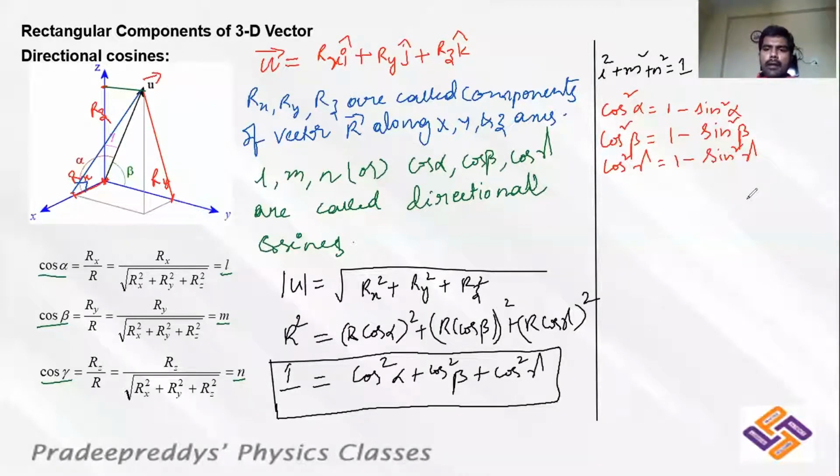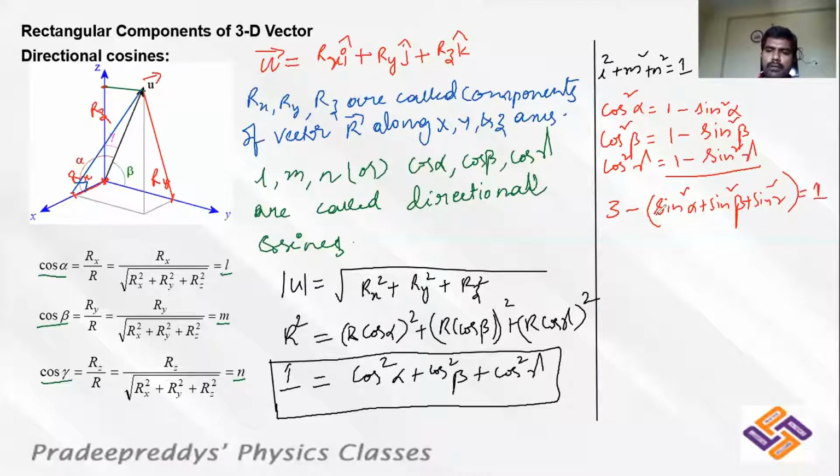Okay. Now adding these three, what do you get? As we know, cos square alpha plus cos square beta plus cos square gamma is equal to 1. I can add these three, right? So what do you get? 3 minus, you can take it common, sine square alpha plus sine square beta plus sine square gamma is equal to 1.